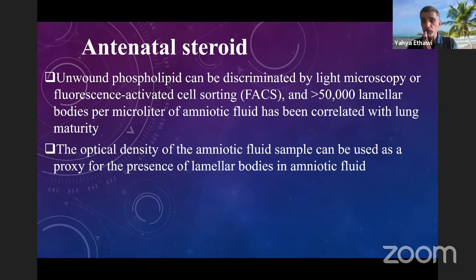And more than 50,000 lamellar bodies per microliter of amniotic fluid has been correlated with mature lung. So this is a very quick test. The optical density of amniotic fluid sample can be used as a proxy for presence of lamellar bodies in the amniotic fluid. So again, we can use lecithin sphingomyelin, we can use lamellar body or FACS test.